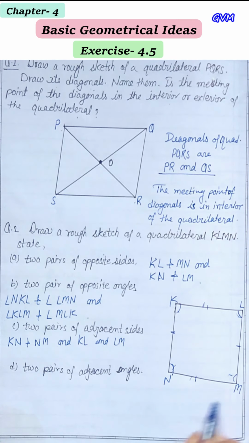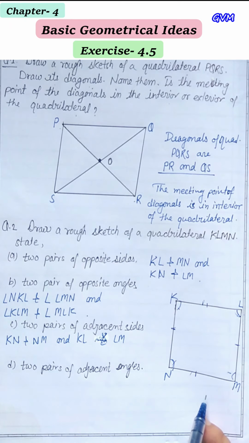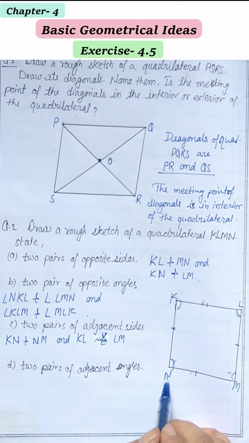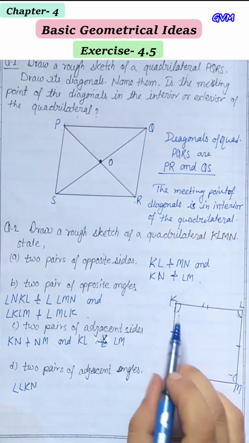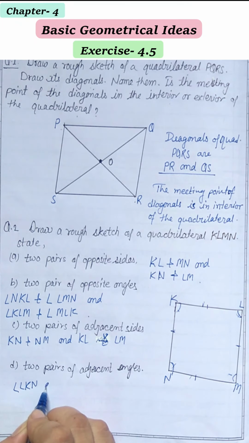Now part D, we have two pairs of adjacent angles. Adjacent angles: for angle N, the adjacent angles will be K and M. Similarly for M, the adjacent angles will be N and L. So let's write angle LKN is adjacent to angle KNM.